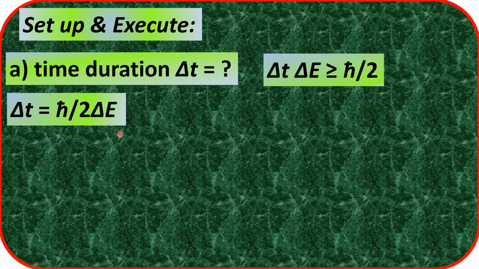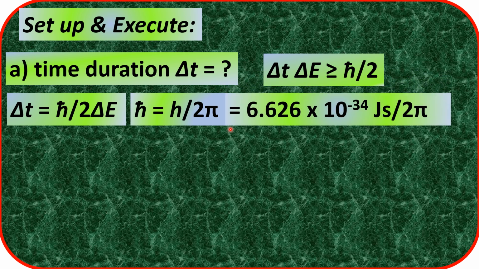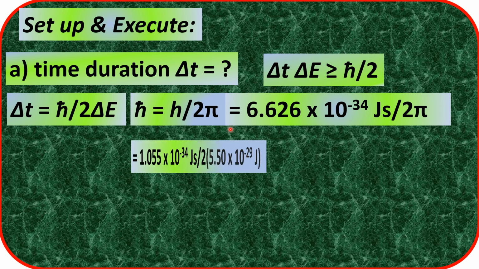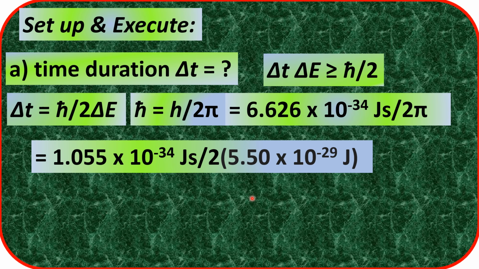where we define the h bar as the value of the Planck's constant h divided by 2 pi. So substituting, we get the h bar equal to 1.055 times 10 to the negative 34 joules second.